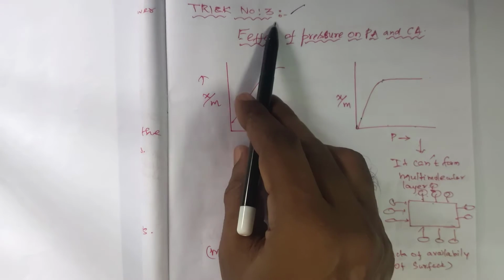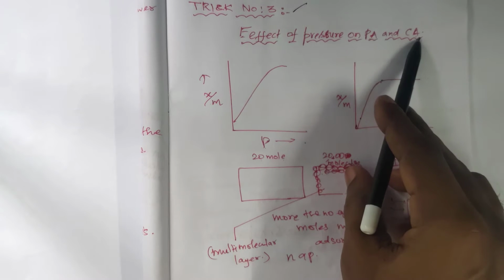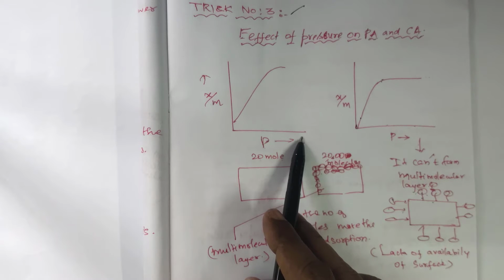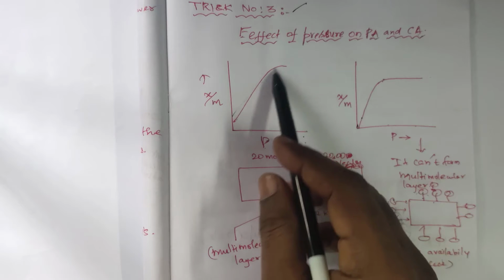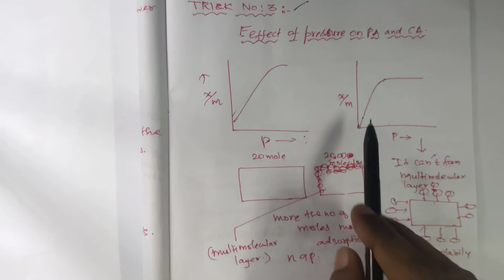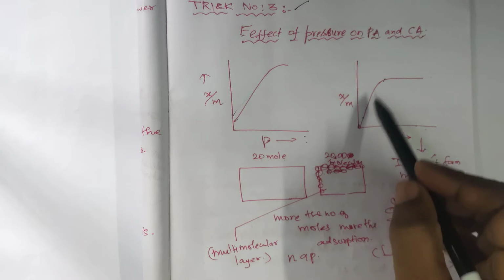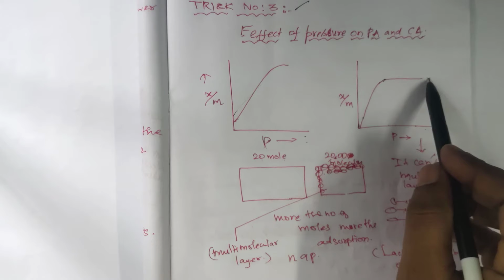Trick number 3. Effect of pressure on physical adsorption and chemical adsorption. Whenever the pressure is increased in physical adsorption, the adsorption increases. In the case of chemical adsorption, when the pressure is increased, the adsorption is increased and then it remains constant.